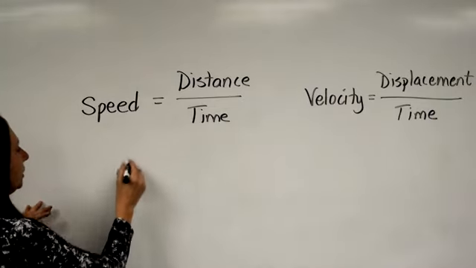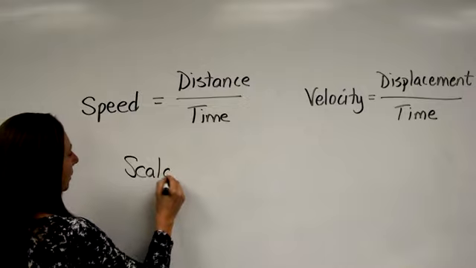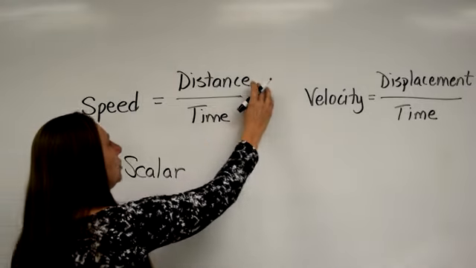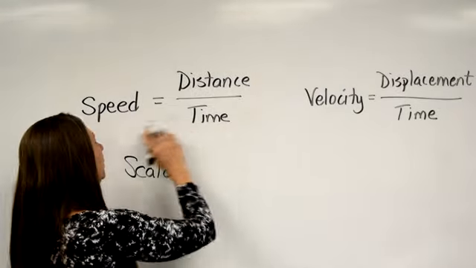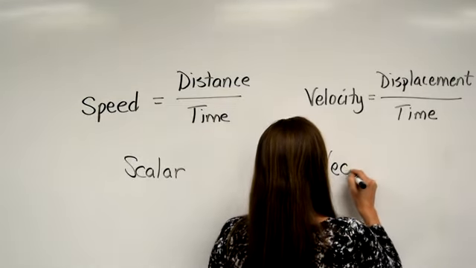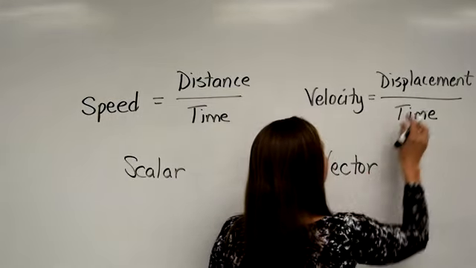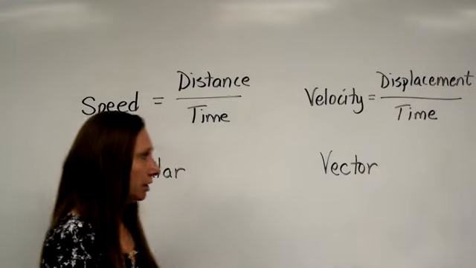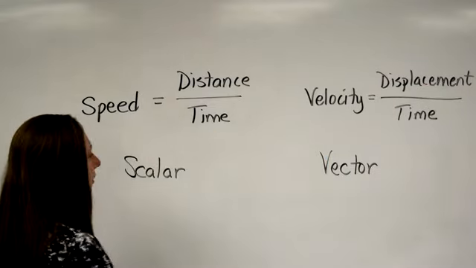All right, speed is the scalar, and you use the scalar distance to calculate the speed. Velocity is a vector, and you use the vector displacement to calculate the velocity.